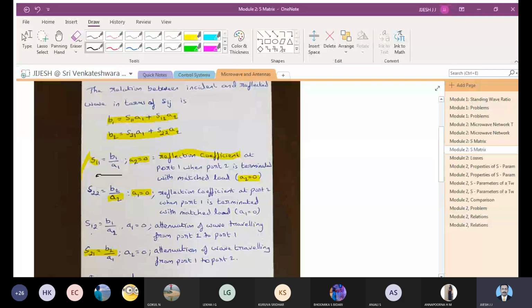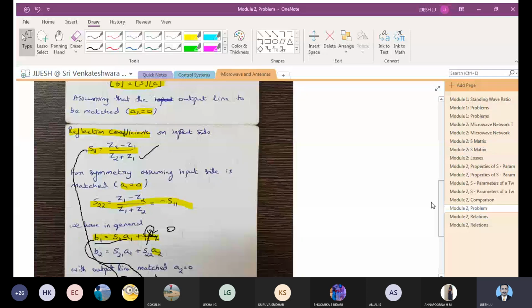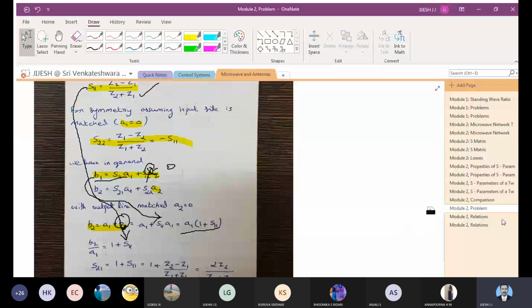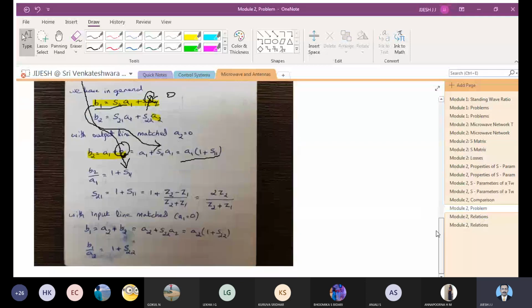So instead of B2 by A1, I have used this one. This B2 by A1 I have replaced by S21 from the previous, and 1 plus S11, as I have told you before, I have substituted.